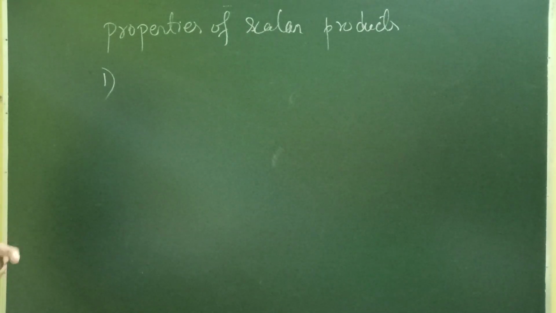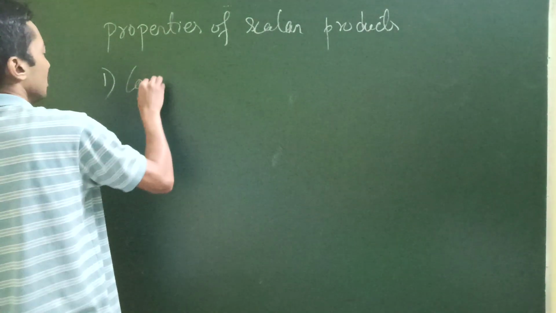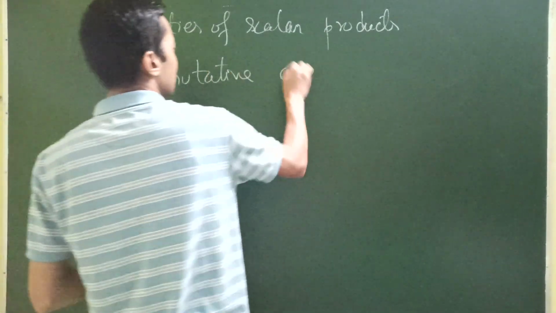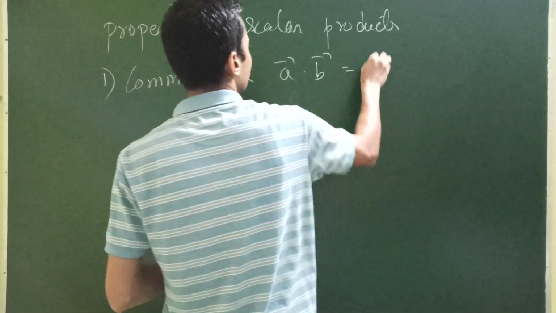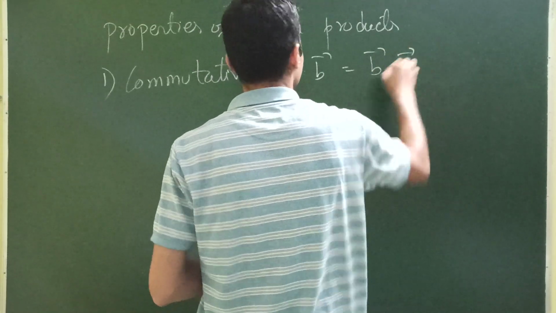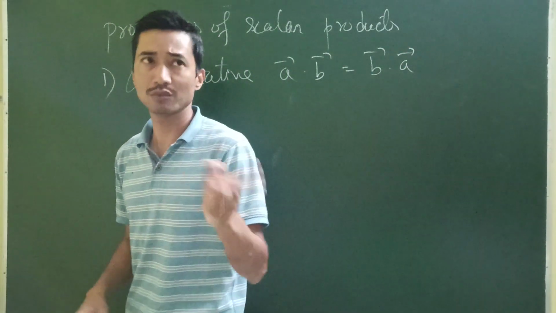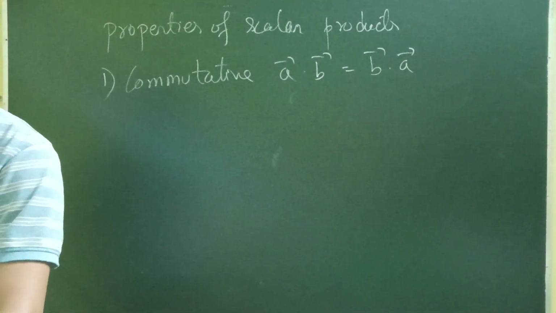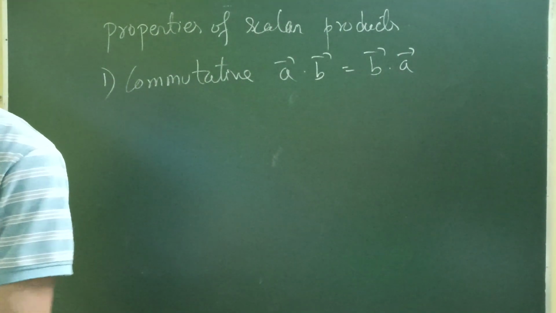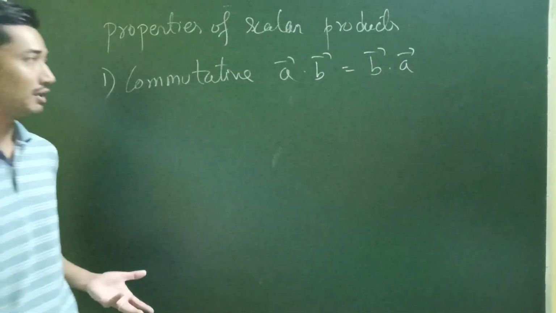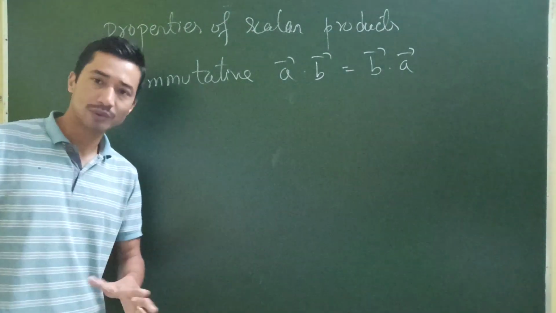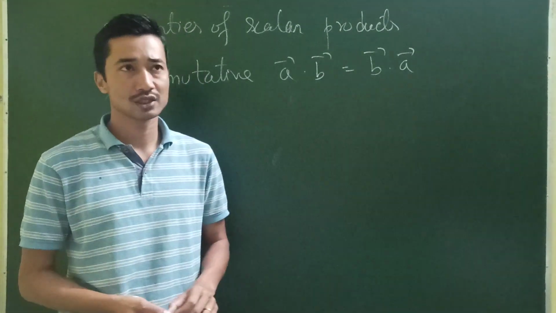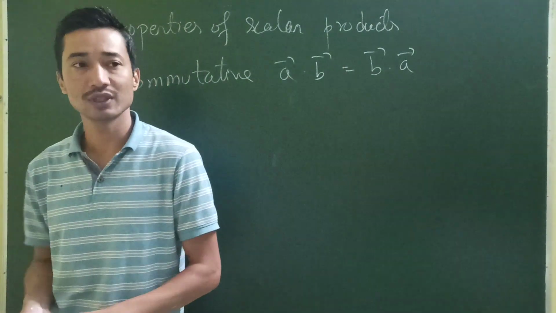First is that it is commutative. That is, A dot B is going to be equal to B dot A. It's not going to happen in cross product, okay? We will discuss why. But that happens, not a big problem with that. So it is commutative, alright? And then of course we have some other properties also, but I don't think we will need that as of now. So we have this Cauchy-Schwarz inequality, we have the triangle inequality also.